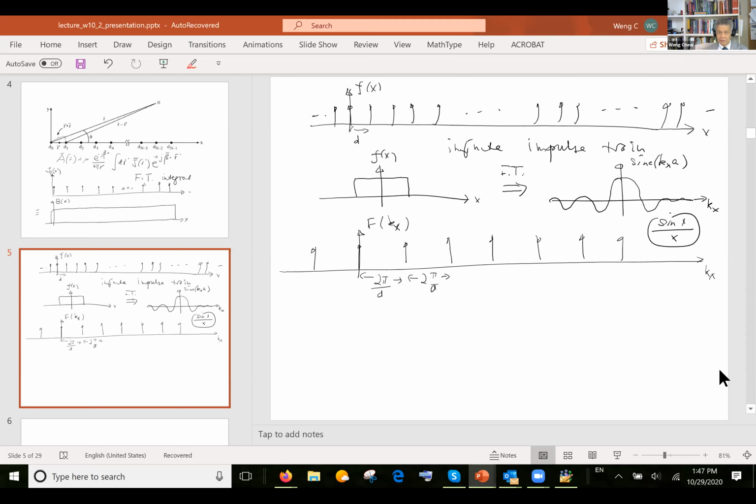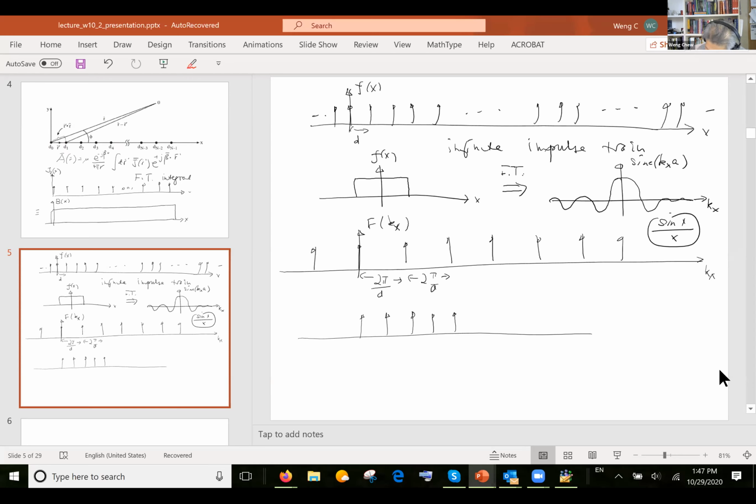So this fact is very useful because it says that if I have a Fourier transform of this current, a finite train of impulses, say, if I only have 5 sources, what is the Fourier transform of this?